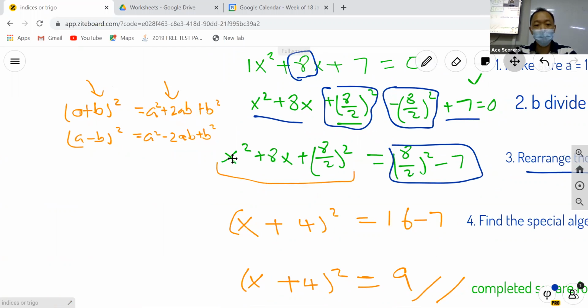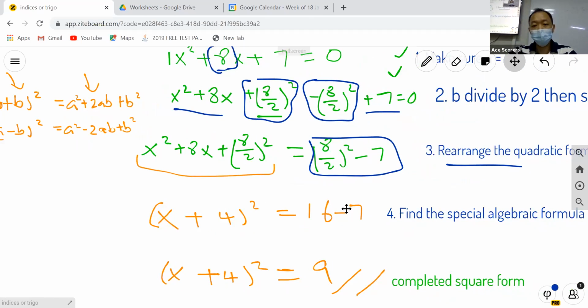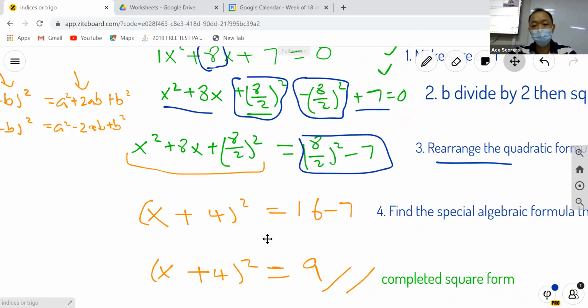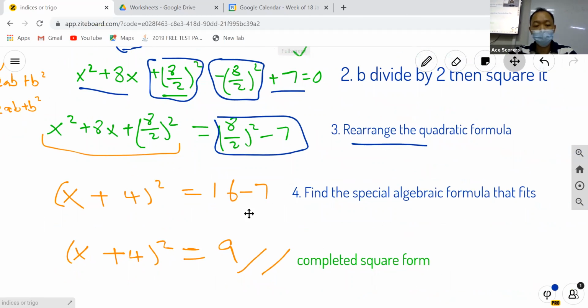For example, this is a squared plus 2ab plus b squared, so it fits identity number 1. If you reverse it, this becomes (x plus 4) squared equals, this side you just rearrange to get 16 minus 7. So you find the special algebraic formula that fits, and finally evaluate this part, and you have completed the square.